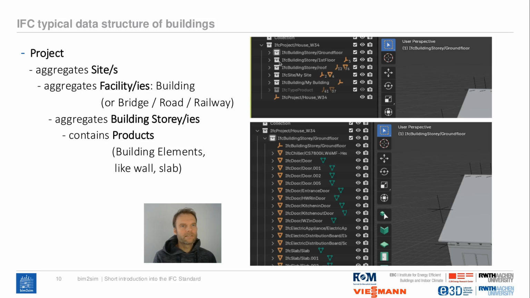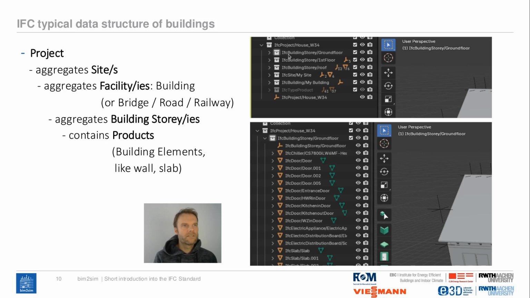On the right hand side you see how this structure looks in a tree, here in this example in Blender with the extension Bonsai. So on the highest level is a project. In this project, sites could be aggregated, and a site aggregates facilities like buildings.